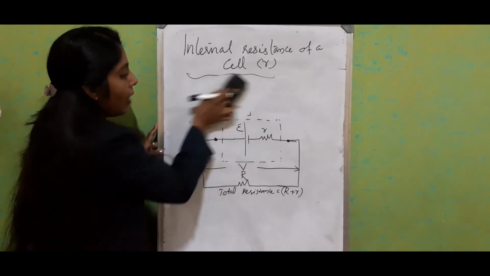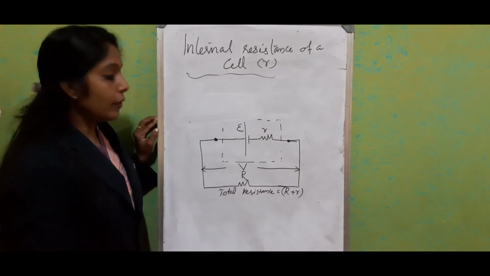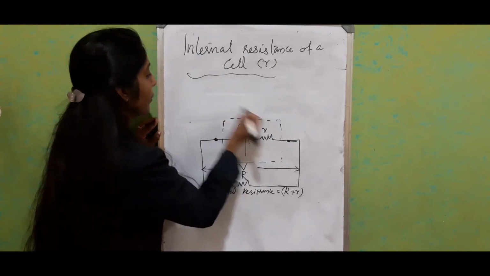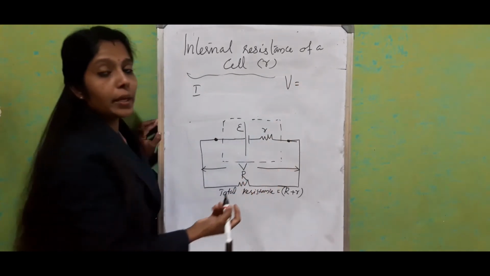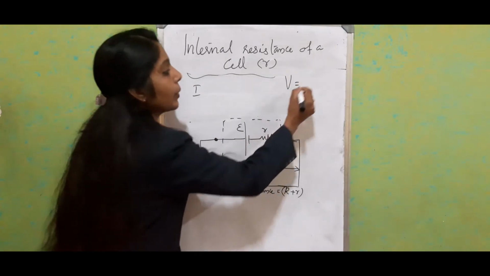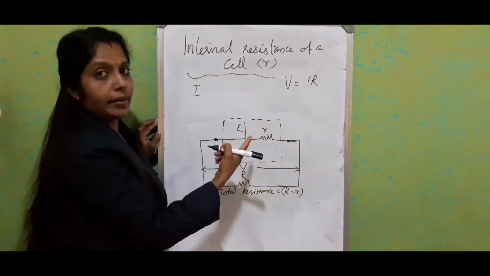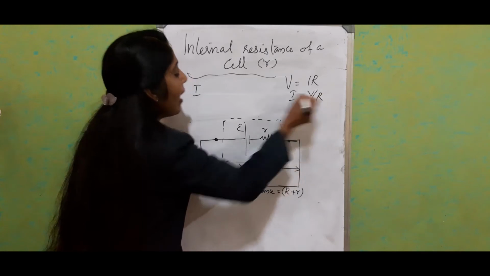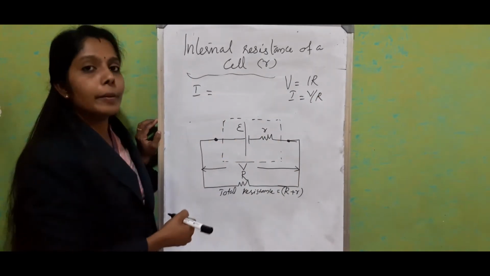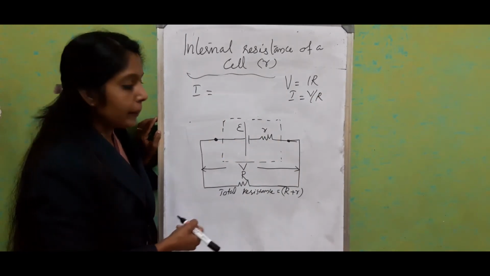Now we'll see the amount of current drawn from the circuit. How can we find the current? Here also we are applying Ohm's law. V is equal to I into R, or I is equal to V by R. What is V here?